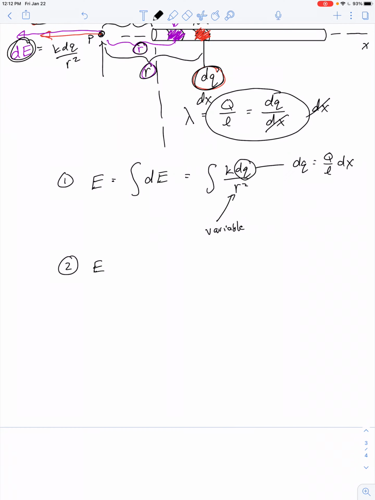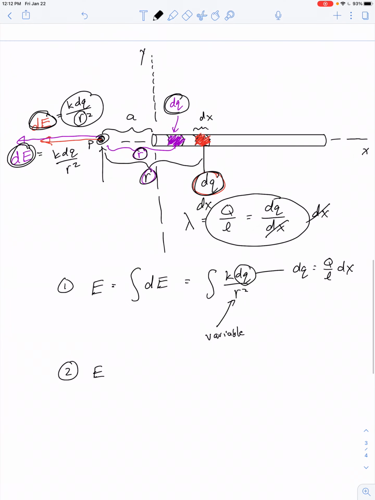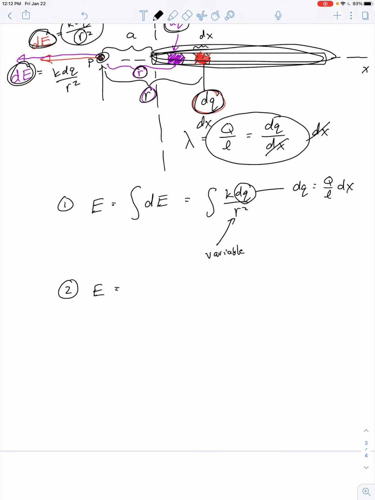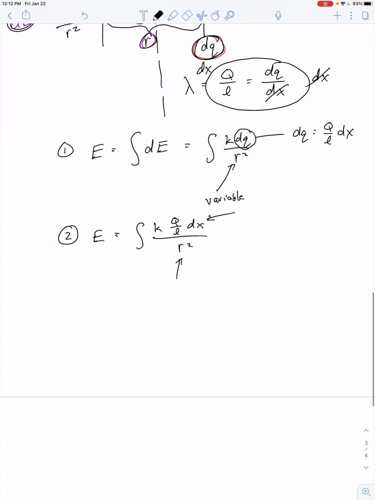Step 2, the overall electric field at point P due to this entire distribution of charge across a rod is equal to the integral of k times q over L dx over r squared. So we still don't have it down to a single variable. R is a variable and x is a variable. So we need to continue to make substitutions to get this down to calculus of a single variable.